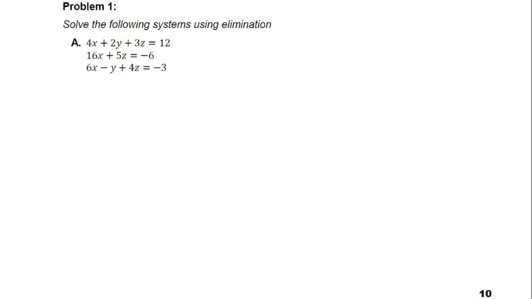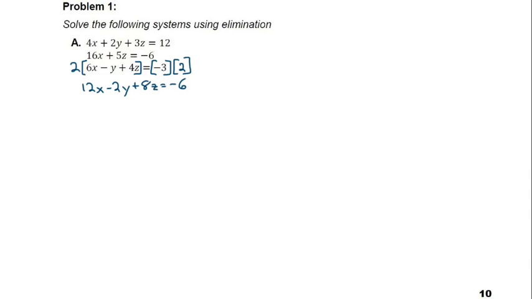If I multiply the entire equation by, not negative 2, positive 2, both sides, here's what I get. I get 12x minus 2y plus 8z equals negative 6.